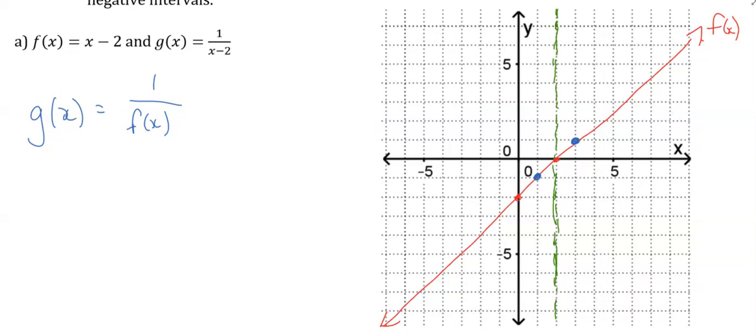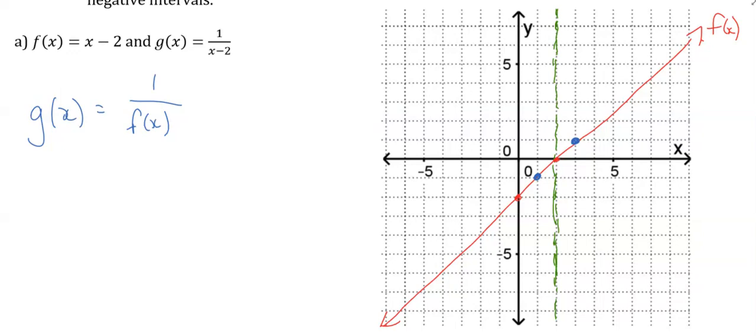What's 1 over 0.01? 10? 100? So 1 over a small number is a big number. So as f is getting smaller and smaller, g is getting bigger and bigger, approaching that asymptote going up.